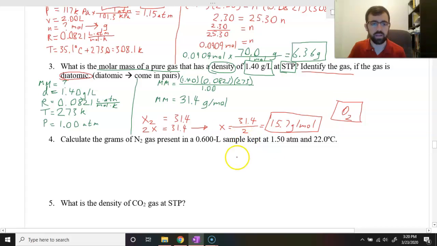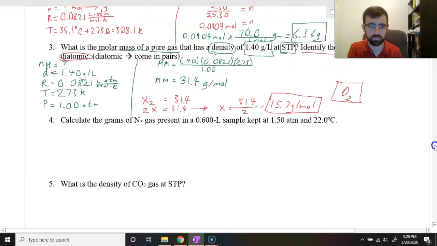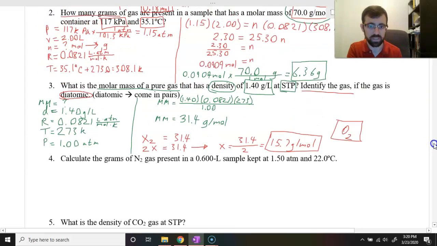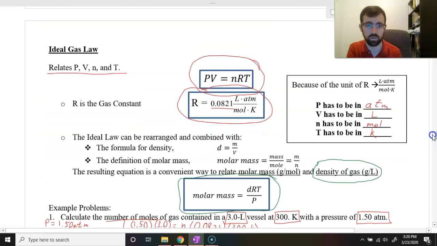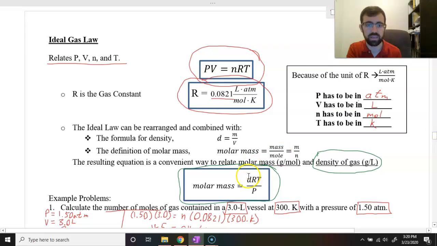The other questions are going to be some variation of those two. So it's either going to be using PV equals nRT or using the formula we just talked about to find density or to use density. So if density is involved, use this one. If not, use PV equals nRT.